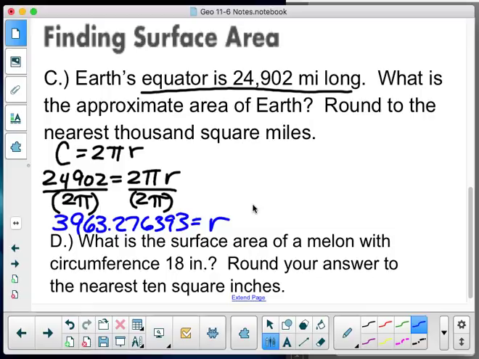Now, I'm not going to round that. I know that value's in my calculator. I'm going to use it in my formula.